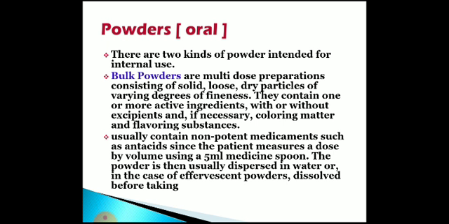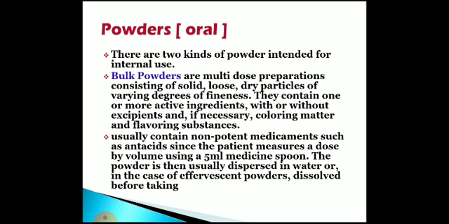Powders. There are two main types of powder intended for internal use: bulk powder and divided powder. In case of bulk powder, it is a multi-dose preparation consisting of solid, loose, dry particles of medicament with a fine degree of fineness.